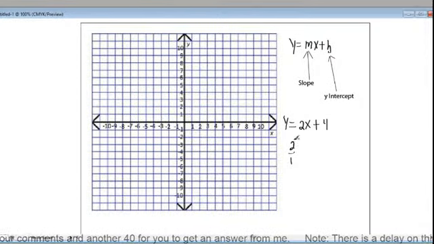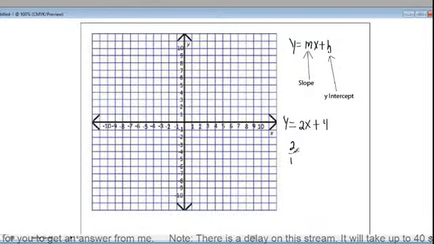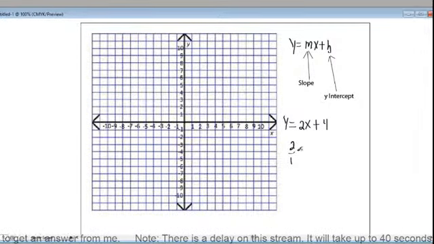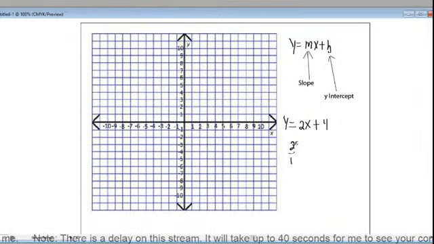The top part is how much y is changing, and the bottom part is how much x is changing. Another way of saying that is how much we are going up versus how much we are going to the side. So from one point to the next, we will go up 2 and then over to the right 1.